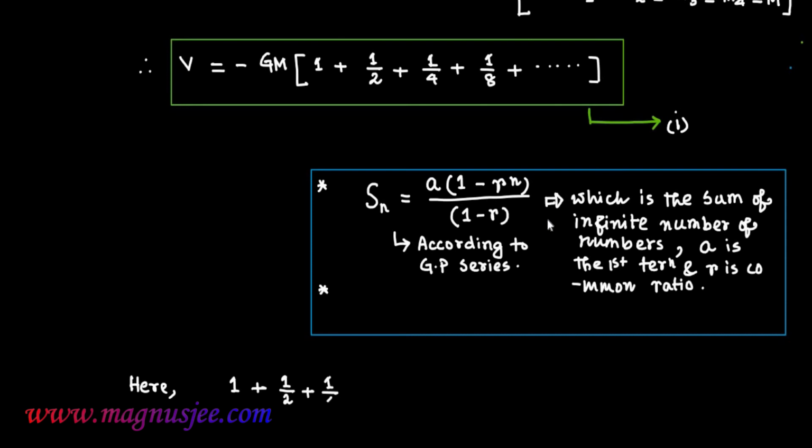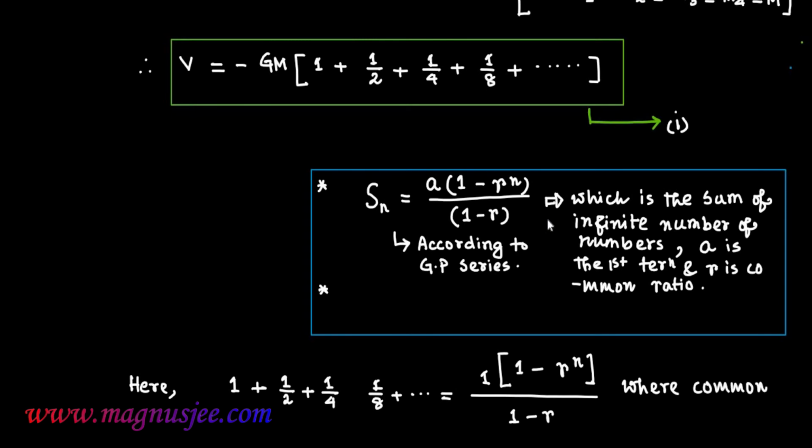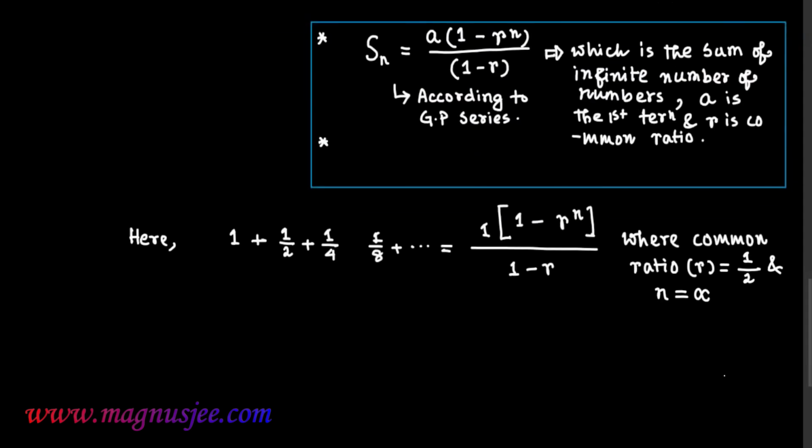Here 1 plus 1 by 2 plus 1 by 4 plus 1 by 8 plus dot dot dot will be 1 into 1 minus r to the power n divided by 1 minus r, where the common ratio r equals 1 by 2 and the number of terms n equals infinity.